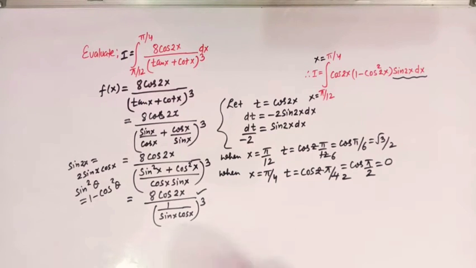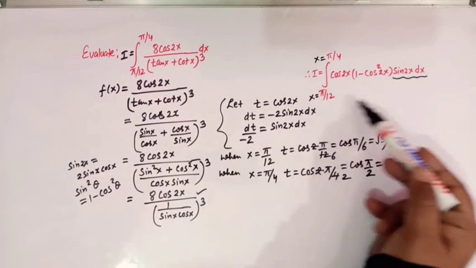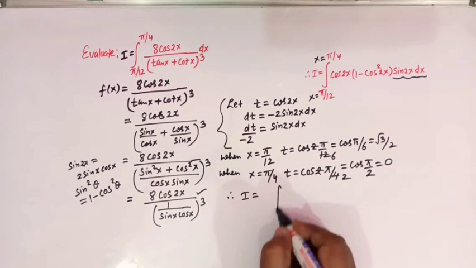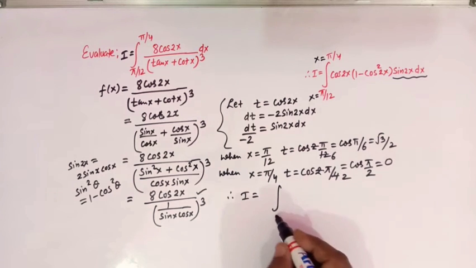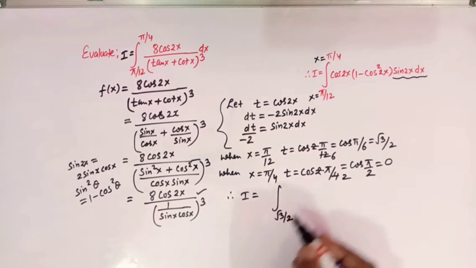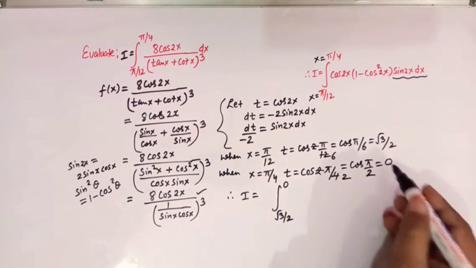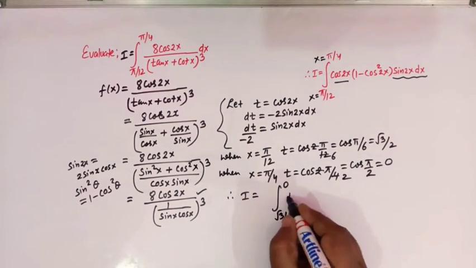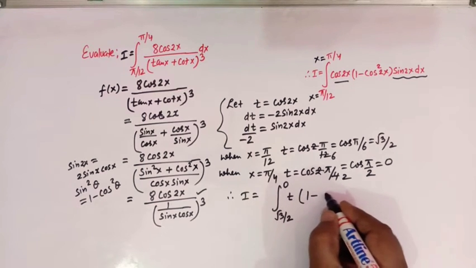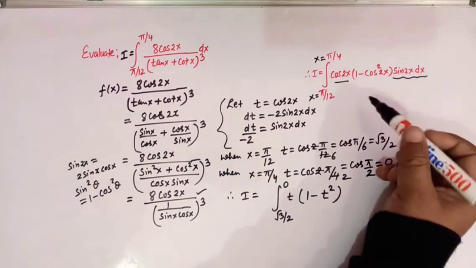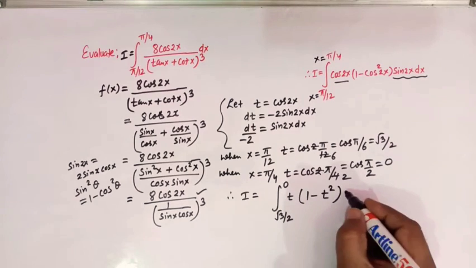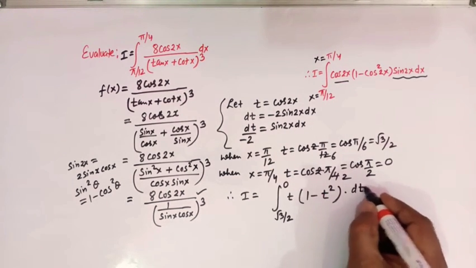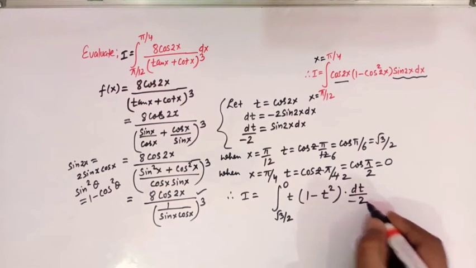So viewers, now this integral takes the form I is equal to the integral with limits from root 3 over 2 to 0, and for cos 2x we have t, and here we have 1 minus t square, because of cos square 2x, and for sin 2x dx we have dt over minus 2.